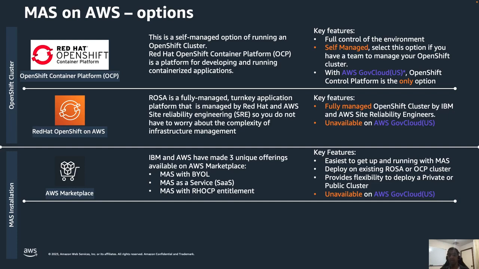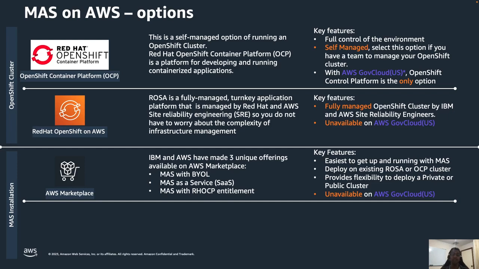In scenarios where, let's say, you as a customer have already only procured MAS licenses without Red Hat OCP licenses, there is an offering available on AWS Marketplace that customers can procure, which basically includes a Red Hat OpenShift Container Platform entitlement as well. Right.